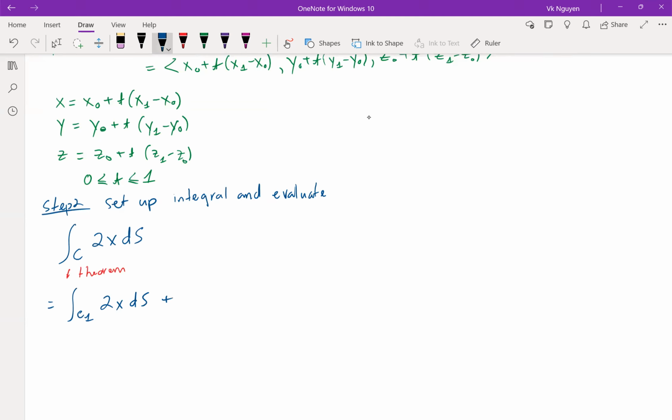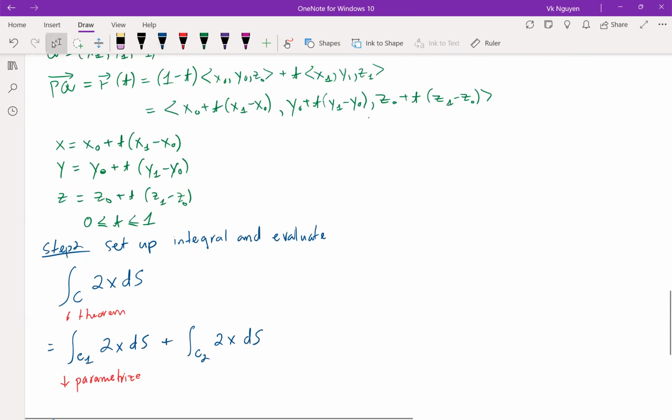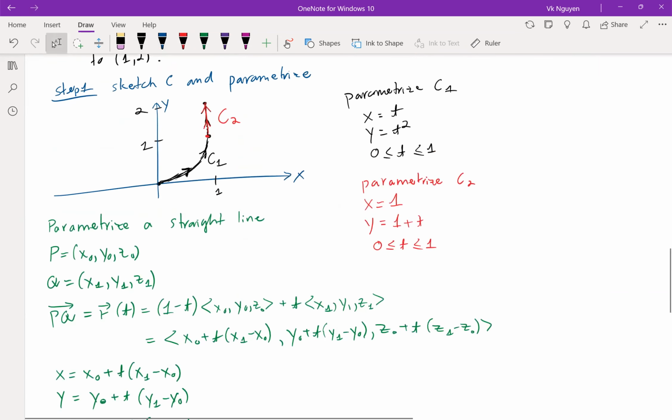Next is going to be to parameterize. You have to go to the theorem, then you parameterize, one step at a time. So look at C1 here. Where does t go? From 0 to 1.